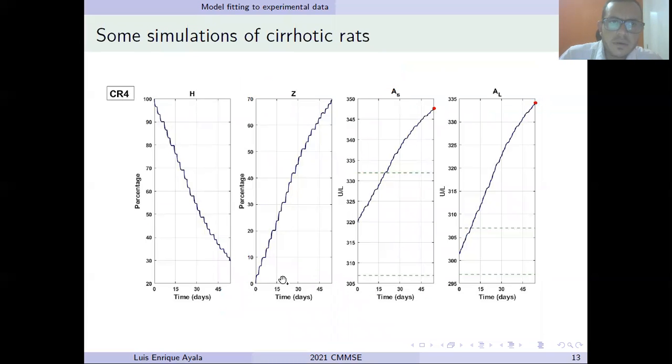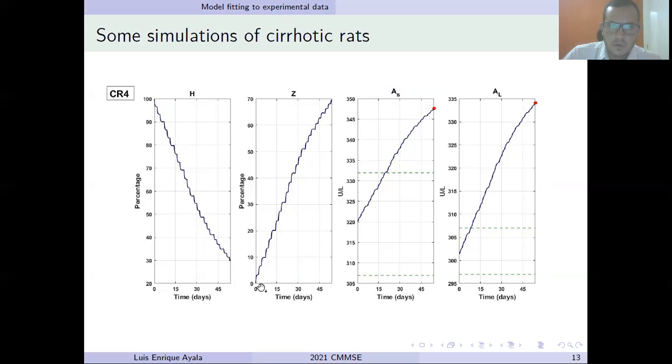Here I show you some simulations. This corresponds to a cirrhotic rat. In this case, the rat is number 4. The first graph corresponds to the healthy hepatocytes. And we can see as time goes on, the healthy hepatocytes decrease.